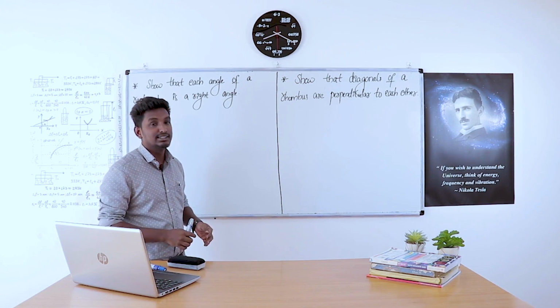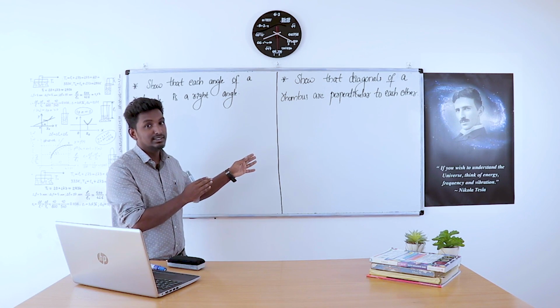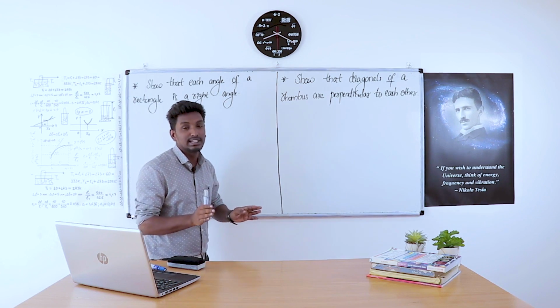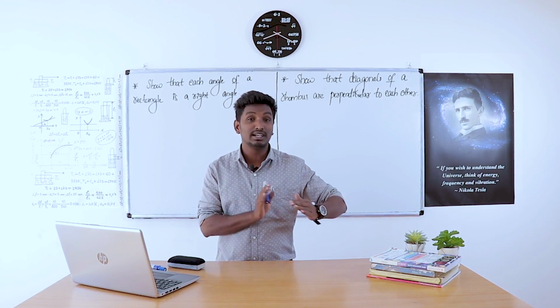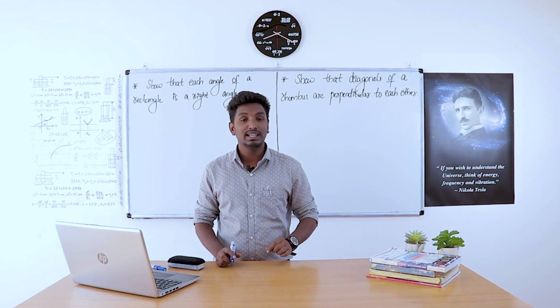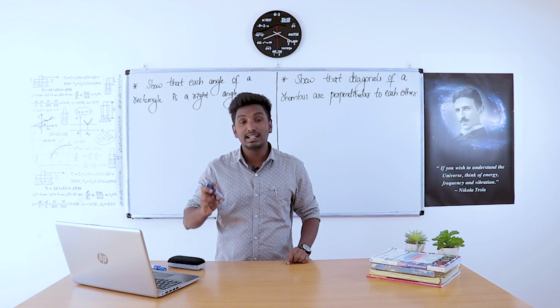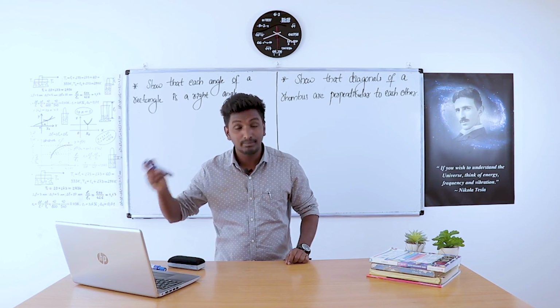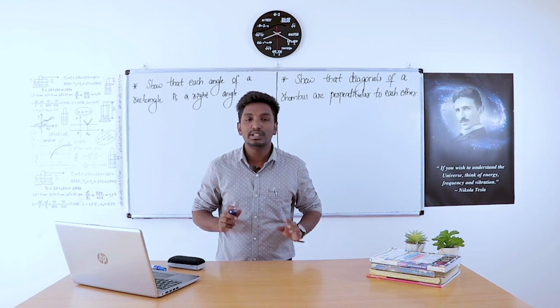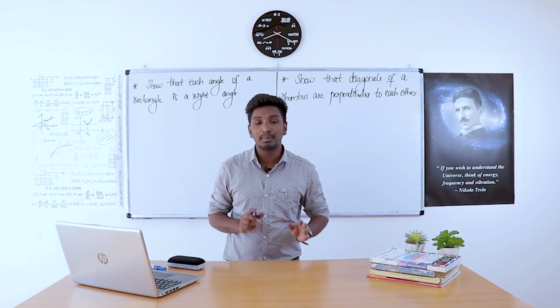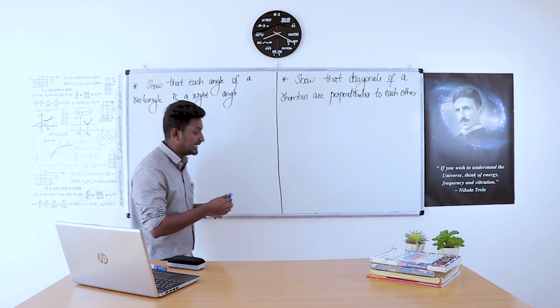That's the condition that we already studied. The difference between a parallelogram and a rectangle is that a rectangle is a special case of a parallelogram in which one angle is 90 degrees. Clear? So now I am considering a parallelogram with one angle 90 degrees.